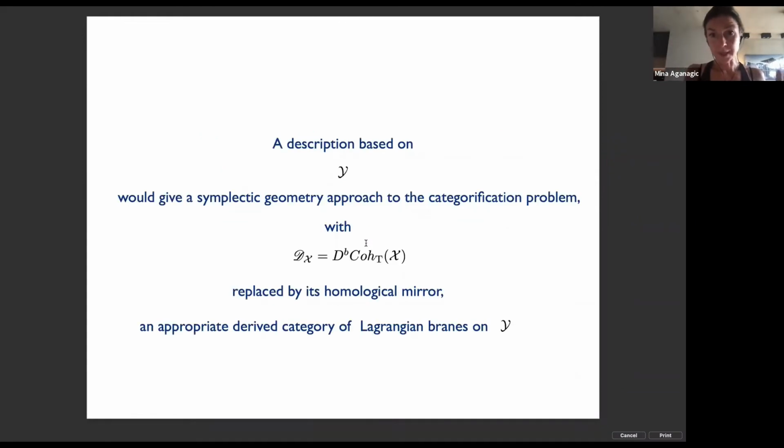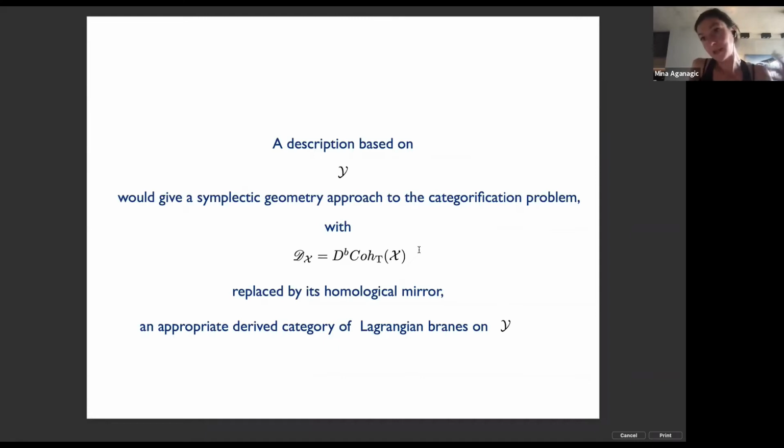A description based on Y would give a symplectic geometry approach to the knot categorification problem, with the derived category of X replaced by its homological mirror, an equivalent category: the derived category of appropriate Lagrangian branes on Y. Okay. This is not what we'll do.